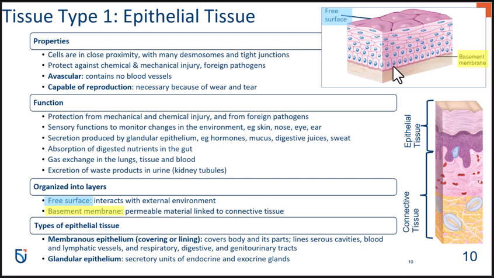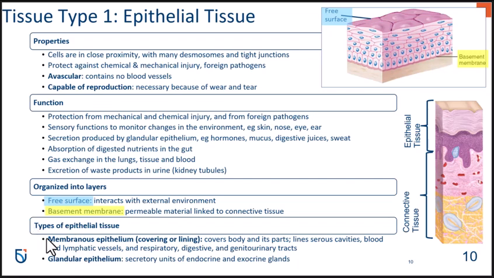This is like the foundation poured in your basement at home that has cells residing on it. So the free surface interacts with the external environment. That basement membrane is considered a permeable material, which will allow substances to pass through the basement membrane into the connective tissue beneath it.